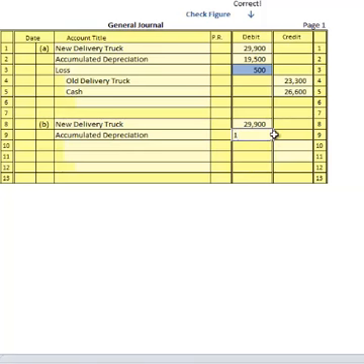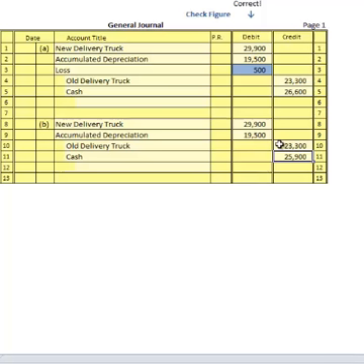Remember, accumulated depreciation has a normal credit balance, so in order to remove it from the books, we have to debit the account. Okay, so we also need to credit the cost of the old truck, just like we did before. Okay, so far we haven't done anything different. We're going to enter our cash, and we decided our cash was $25,900. Oops, got to get my old delivery truck cost in there.